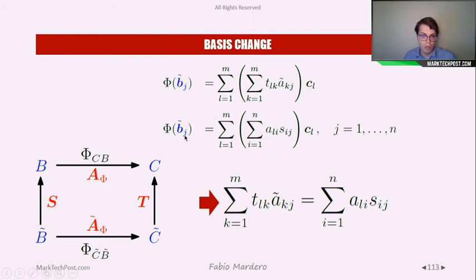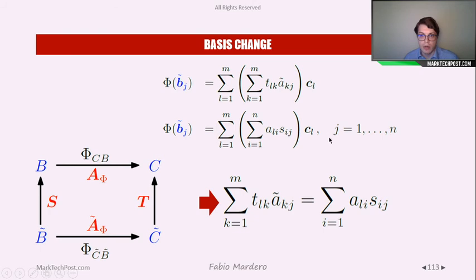Since the two expressions are the same, then these two terms must be equal. So the coefficients of the linear combination of C vectors must be the same. So this one must be equal to this.